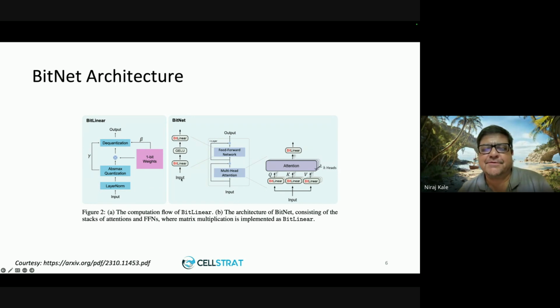Now all of us know the architecture of the transformers. There is multi-head attention and a feed-forward network. Here, instead of using the regular linear layers, we use this new BitLinear layer. So the Q, K, V parameters of a transformer will use this BitLinear layer.